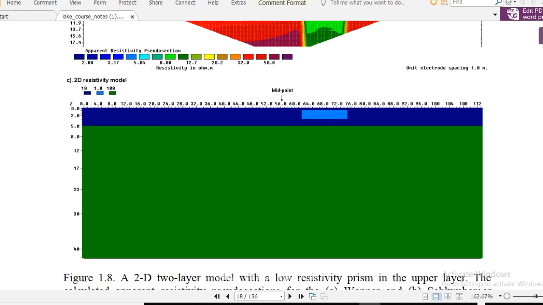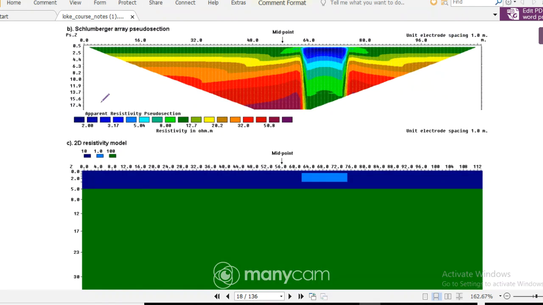Now you are given the resistivity values here. Here is 10, this is 1 and 100. Okay, this conductive body is embedded in 10 ohm-m and underlain by 100 ohm-m.